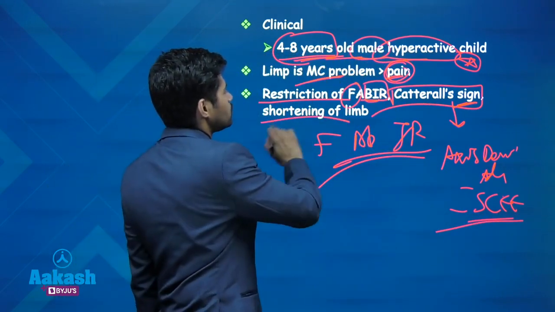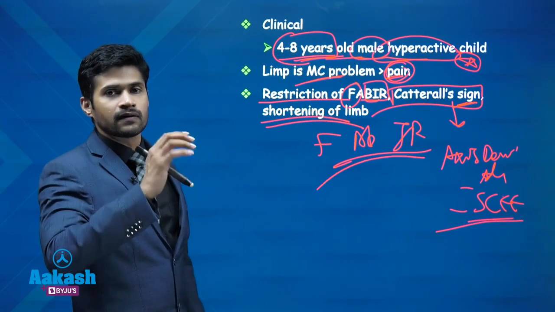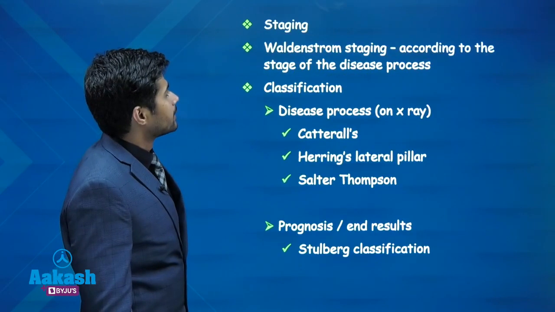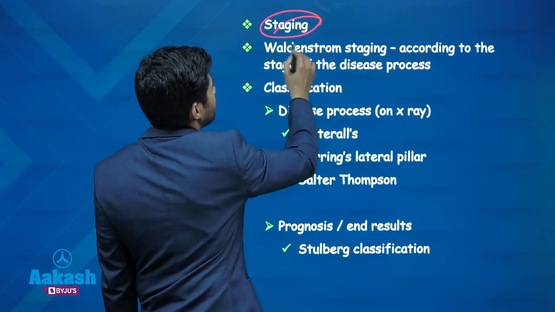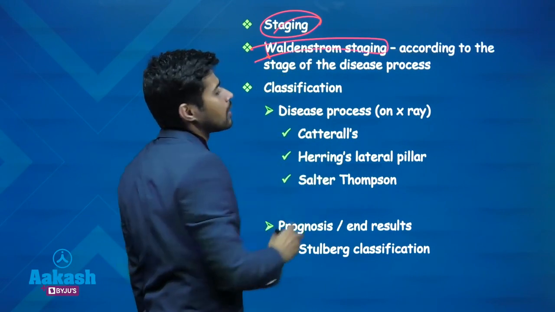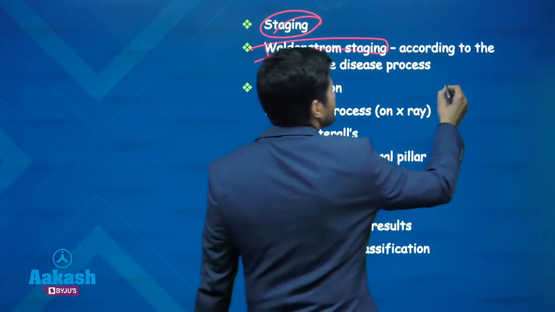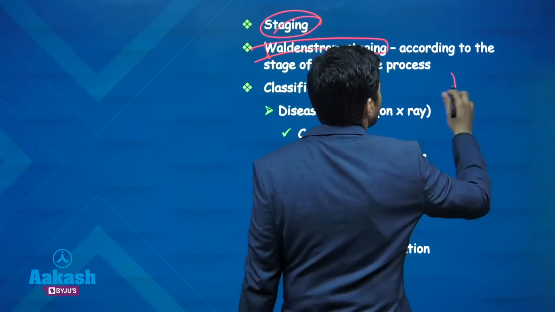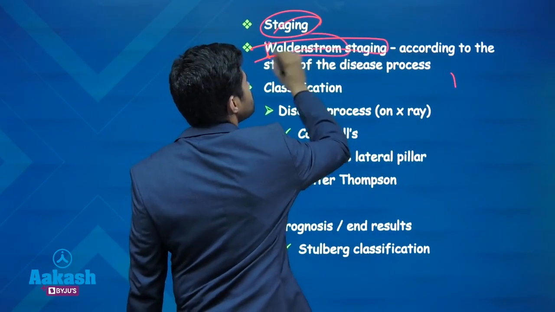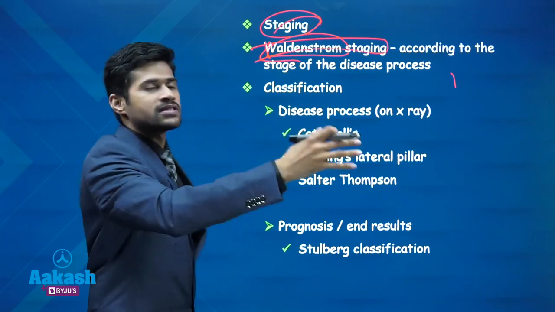And there is absolute true shortening of the limb because of the deformed femoral head. Now the staging is done by Waldenstrom staging according to the stage of the process, whether it is the stage of necrosis, the stage of fragmentation, the stage of remodeling, etc. So Waldenstrom staging is for disease process staging.